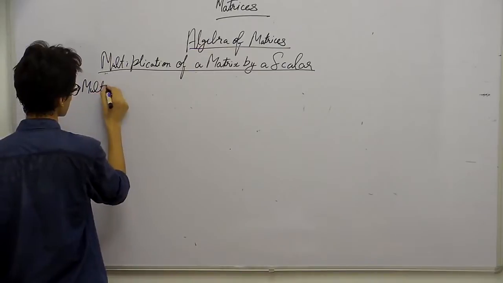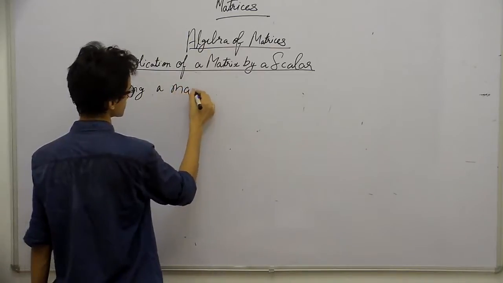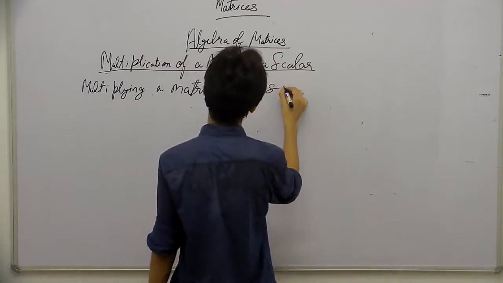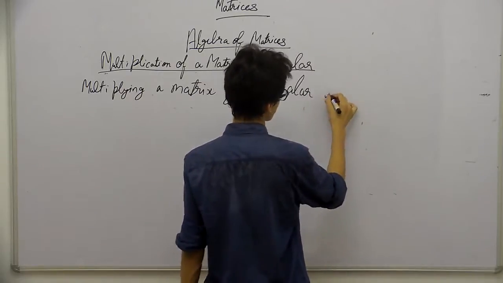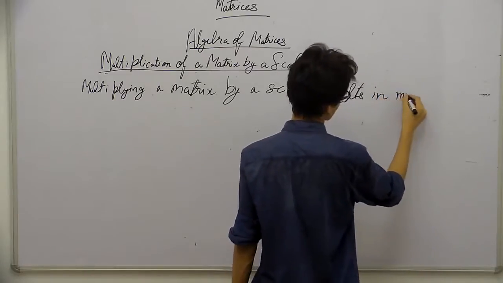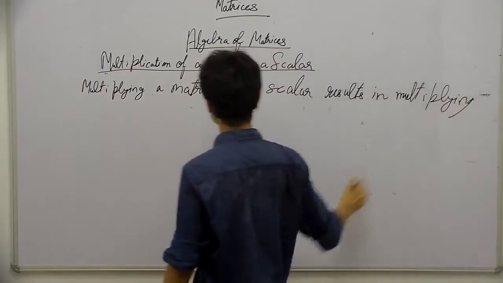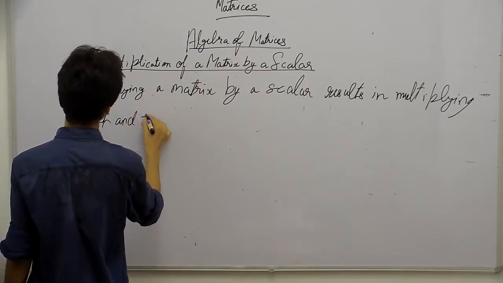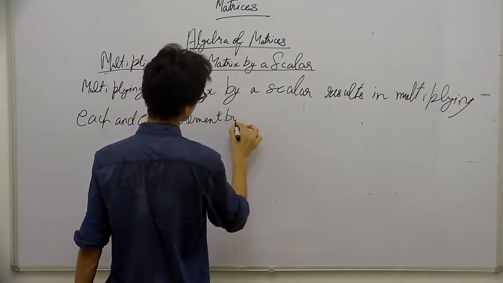Multiplying a matrix by a scalar results in multiplying each and every element by the scalar.